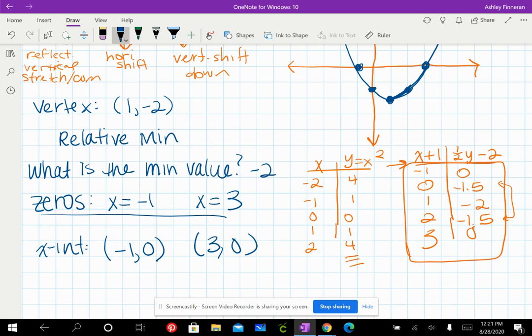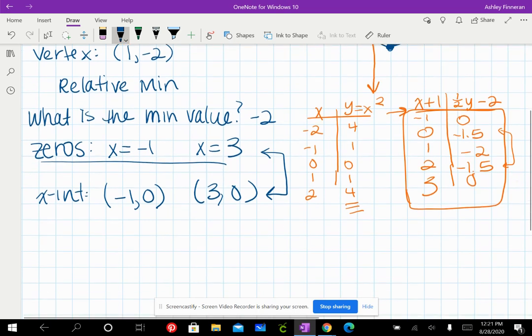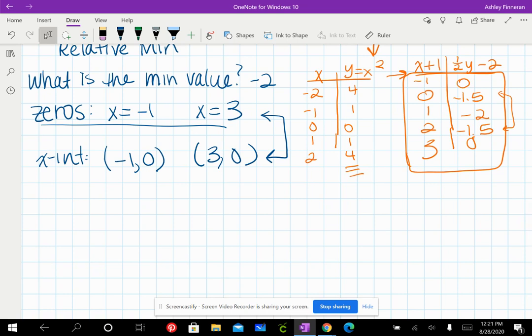So the zeros are almost like a solution to an equation, whereas the x-intercept is a specific location on the graph. So if something's a specific location on the graph, it's a coordinate pair, it has an x value and a y value. Notation is very important between these two, and I hope that you notice that they are very similar, but it is something that I will look for in your work and make sure that you understand.